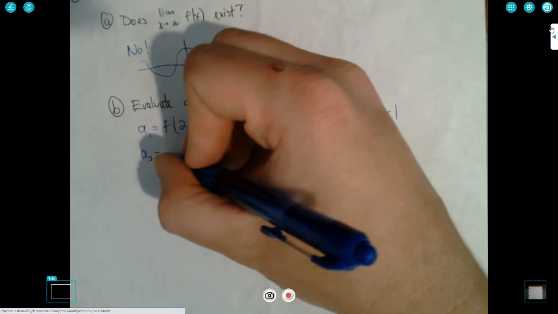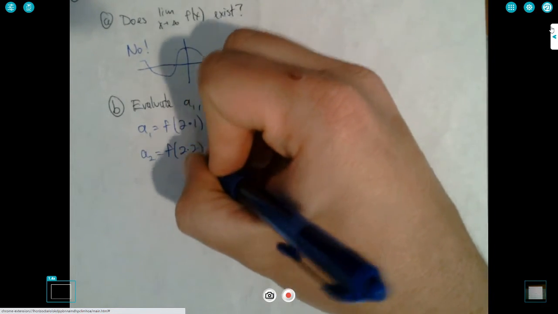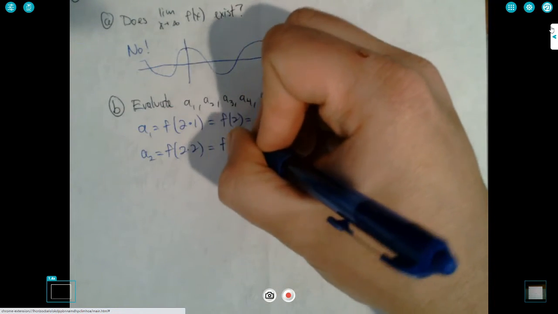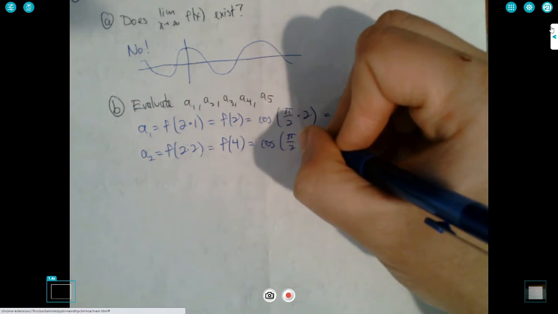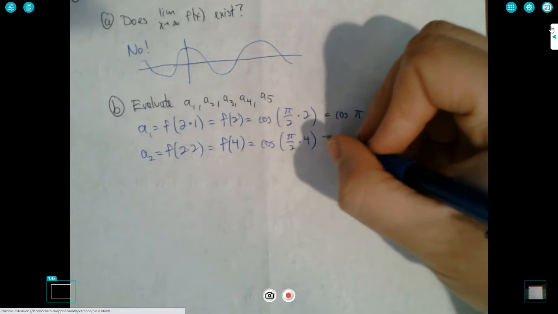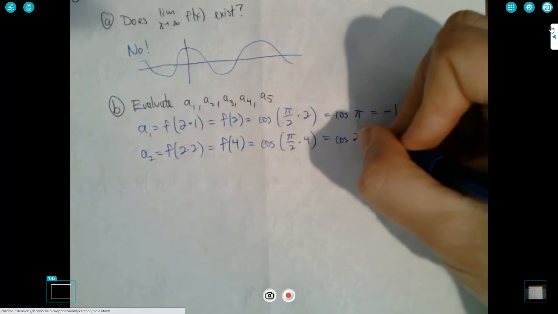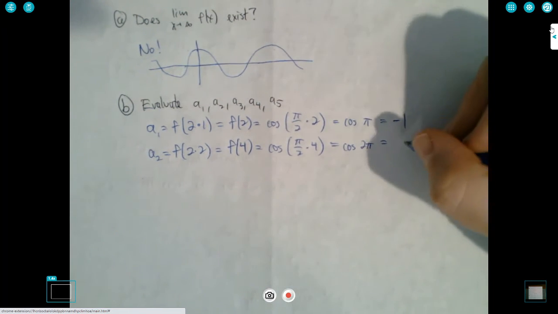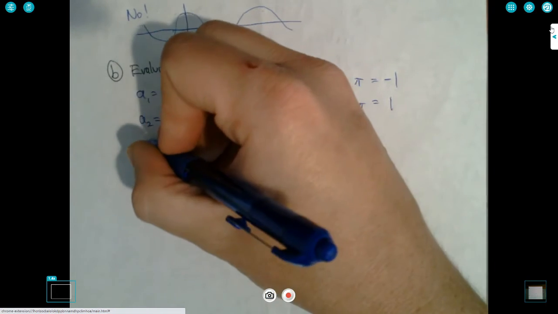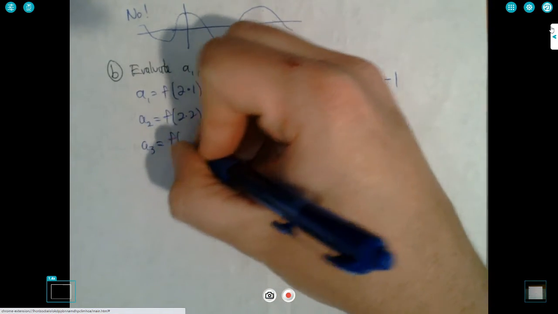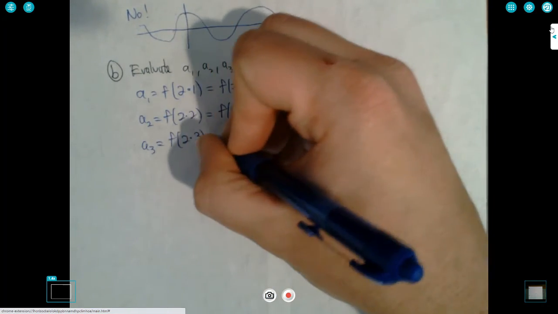a2 would be f of 2 times 2. That would be f of 4, which is cosine of pi over 2 times 4. Now that's cosine of 2 pi. Cosine of 2 pi is +1. Okay, a3, f of 2 times 3.